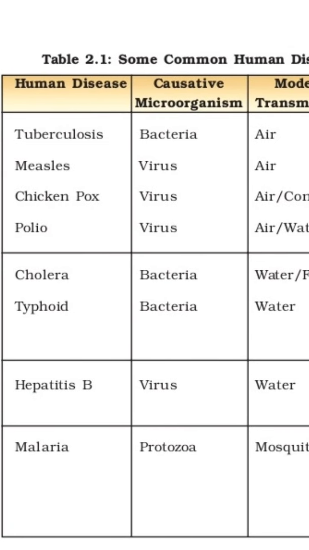In the first row, measles, virus, mode of transmission air. Chickenpox, causative microorganism virus, mode of transmission air and contact. Polio, causative microorganism virus, and mode of transmission air and water. Now, what are the preventive measures for these four human diseases?